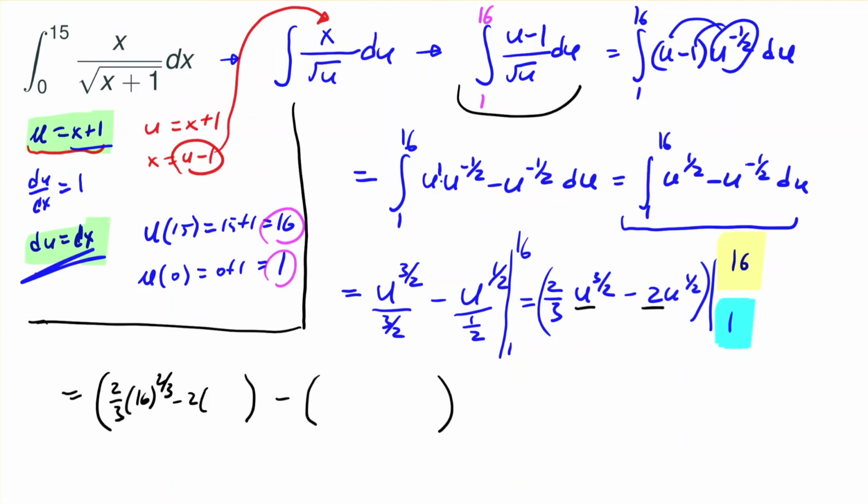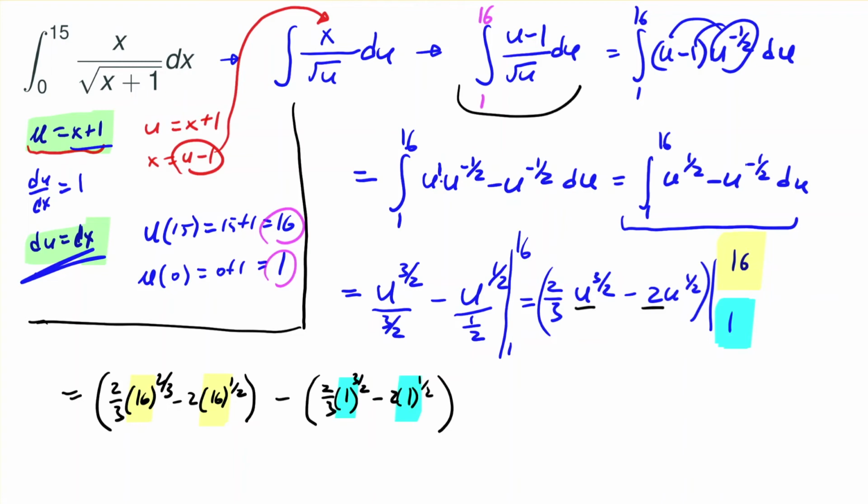Minus 2 times 16 to the half power. Again, that number comes from the upper bound. Minus 2 over 3, 1 to the 3 over 2 power, minus 2 times 1 to the half power. And that 1 comes from right here, the lower bound.